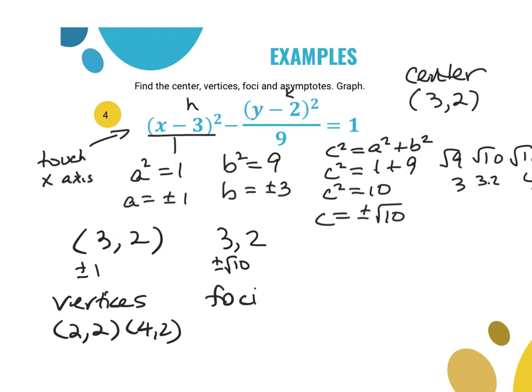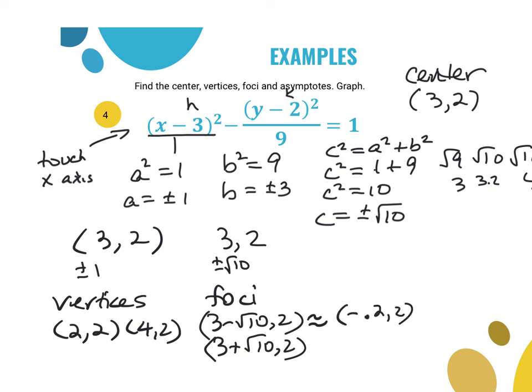So for the foci, it's going to be 3 minus root 10, 2, and 3 plus root 10, 2. So if I do 3 minus 3.2, I'm going to get about -0.2, 2. And then here, 3 plus 3.2, and that'll give me about 6.2.